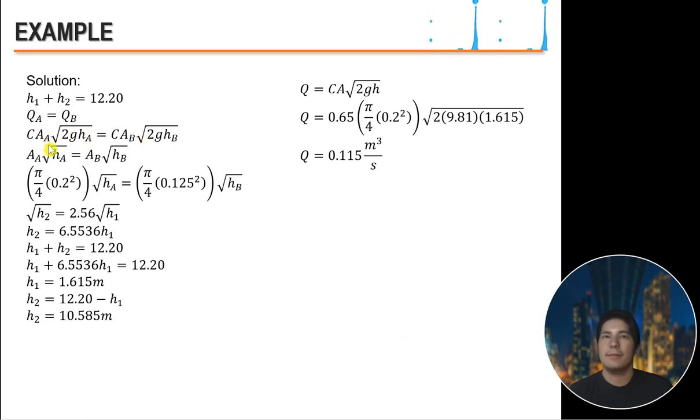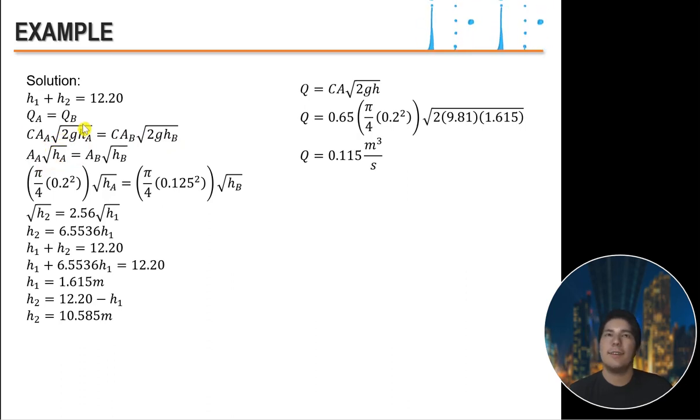We just need to substitute the subscript for A and subscript for B here. Cancel out yung coefficient ng discharge kasi the same lang din, and cancel out yung square root ng 2G.